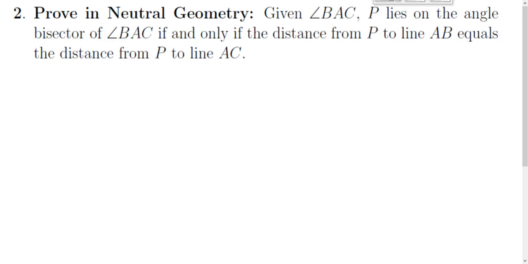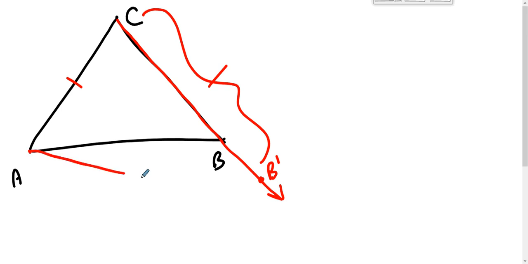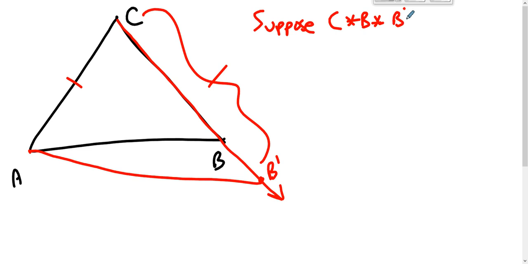So case 2. Here's case 2. We have CB prime congruent to CA. That's what we got. So suppose C, then B prime. This is case 2.